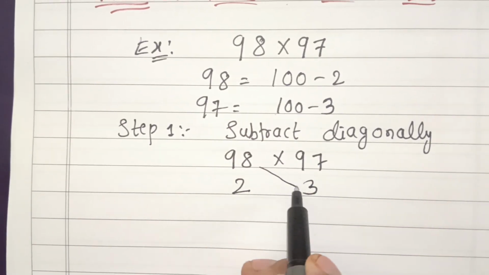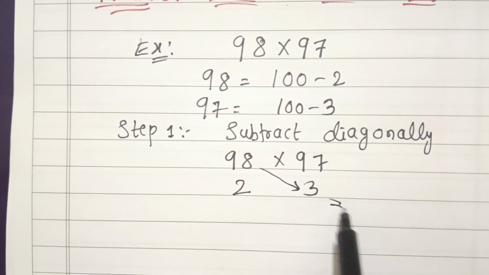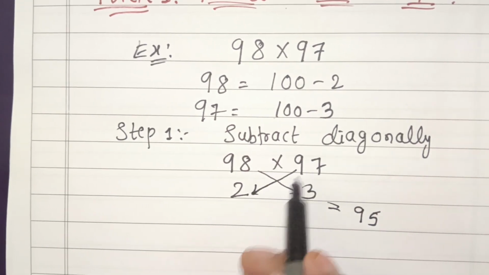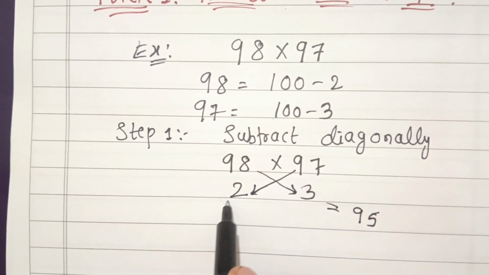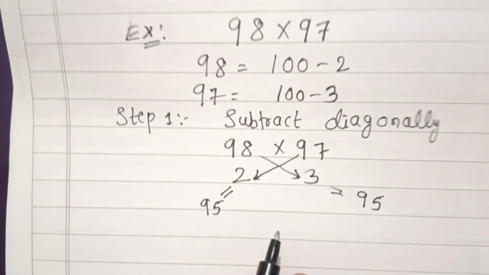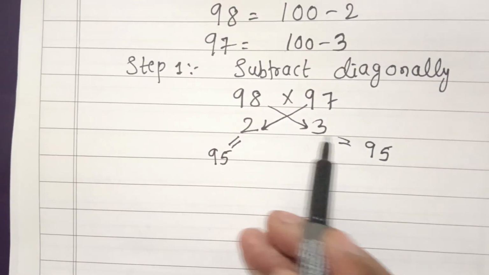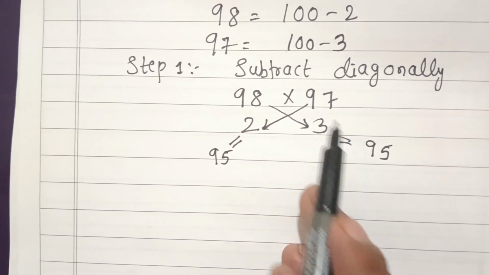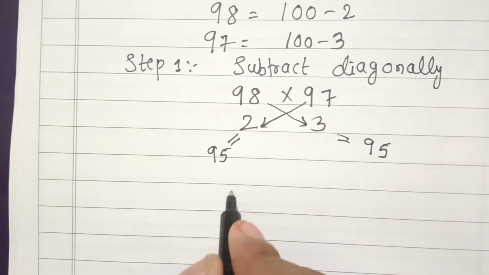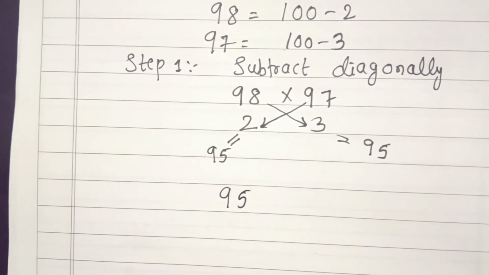Subtract diagonally means you subtract 98 minus 3, how much will you get? 95. Or else you can subtract 97 minus 2, and you get 95. You can do any one, no issues. So here we got one answer, which is 95.